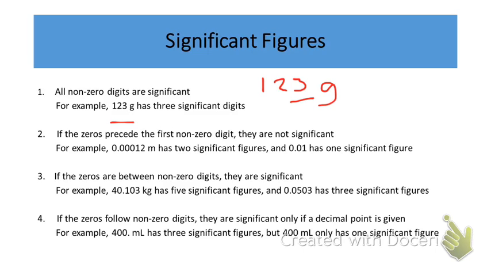Alright, these zeros here are not significant because, according to this rule, zeros that come at the beginning of a number are not significant. Instead, these zeros are considered placeholders. We have another one here too. We have 2 other zeros that come before a number, and so those zeros are also not significant whatsoever.